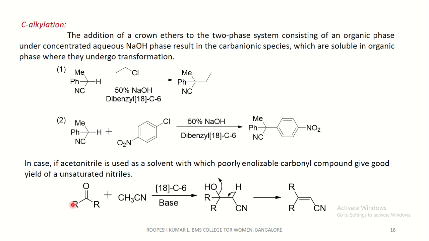That is, this carbon cannot be enolized, and this non-enolizable or poorly enolizable carbonyl compound reacts with acetonitrile in the presence of base and 18-crown-6 to form the corresponding cyanohydrins. This undergoes dehydration, that is, water is eliminated to form the corresponding unsaturated nitriles. You can see this hydrogen leaves here to form the double bond, with the elimination of a water molecule.